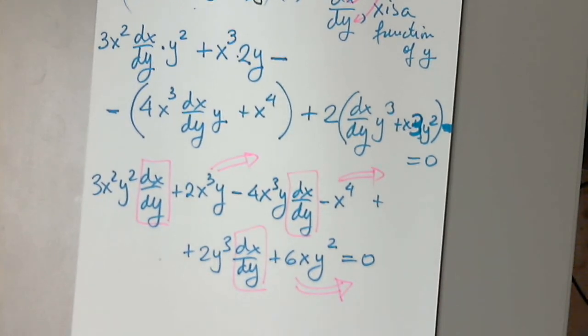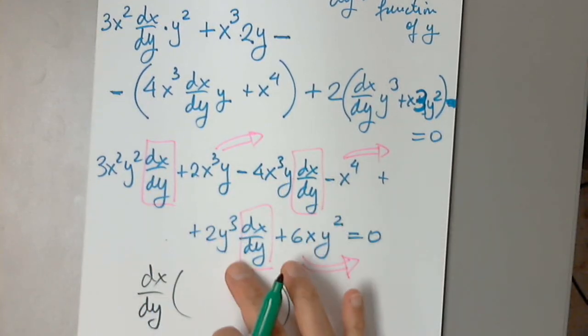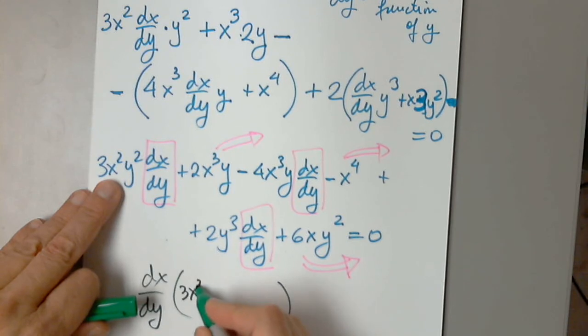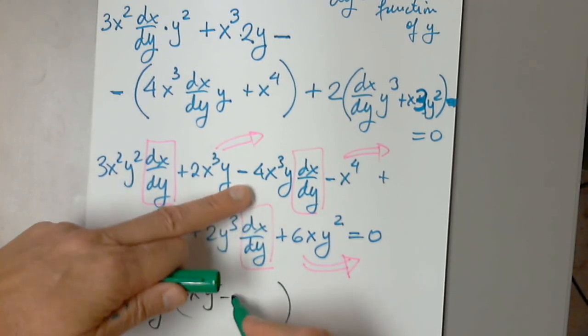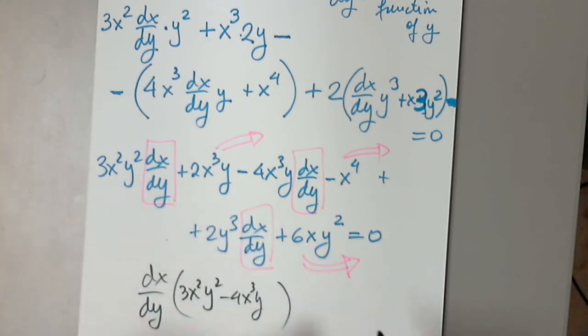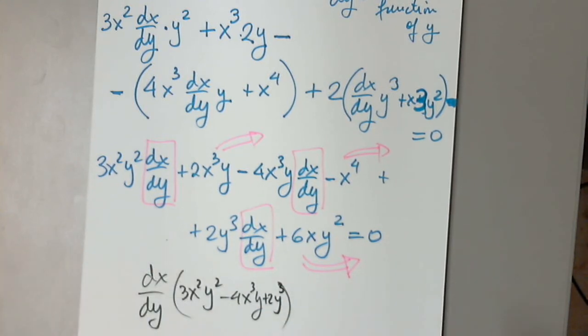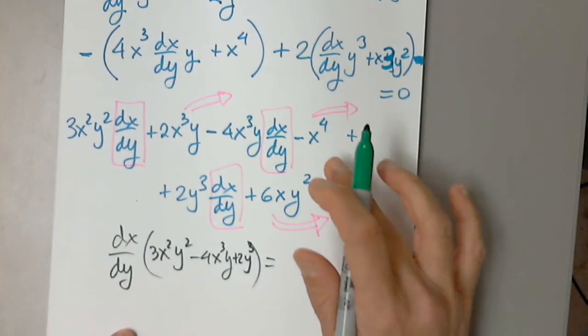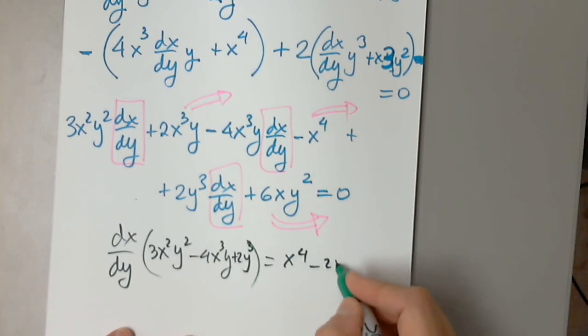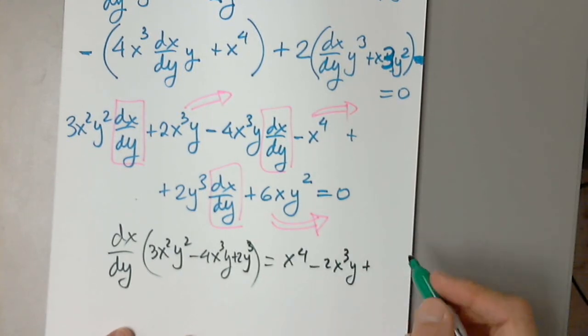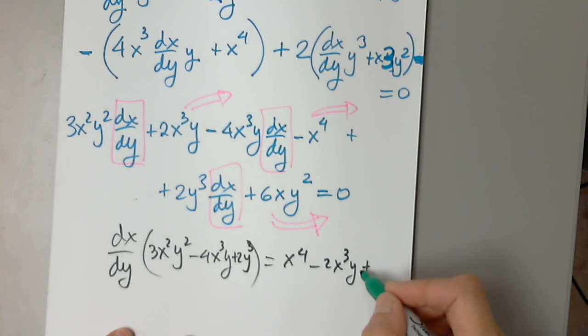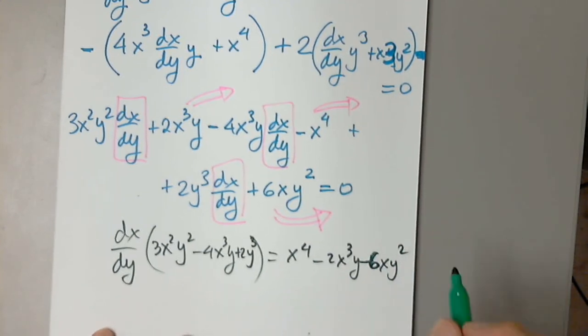Okay, so now I will factor out dx over dy from three terms. From here I get 3x squared y squared. From here I get negative 4x cubed y. And from here I get plus 2y cubed. On the other side, I will have x to the fourth minus 2x cubed y and minus 6xy squared.